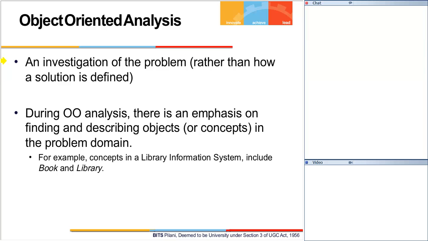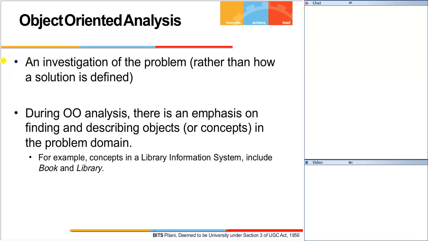The terminology used for real world objects is domain objects. The whole idea is to identify the domain objects that exist in this particular case study, right? Please be clear, it has nothing to do with the design of the system or the software. It is not the software design that we are looking at in the analysis stage.